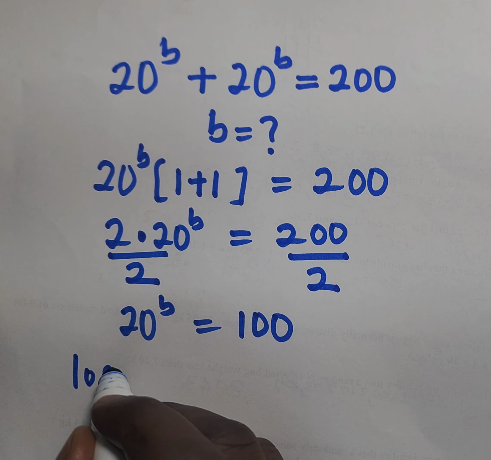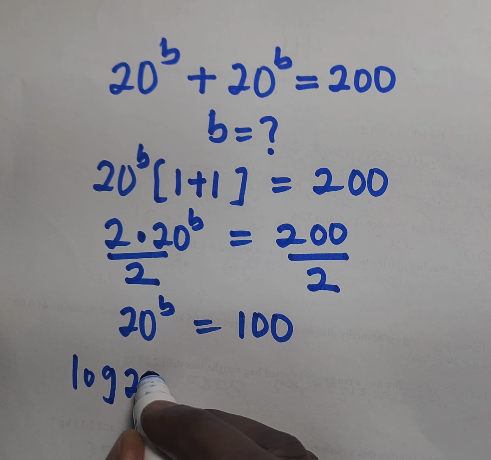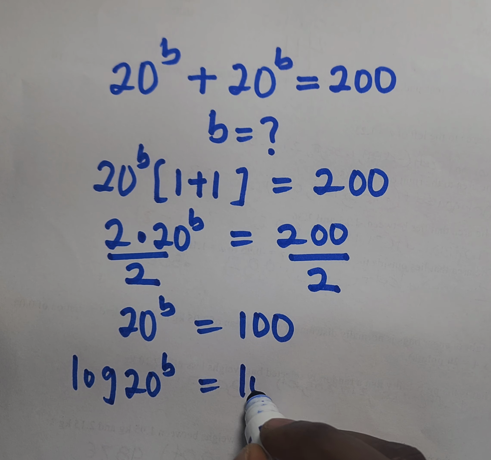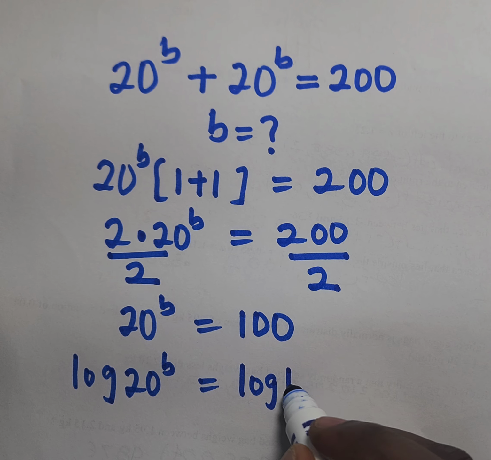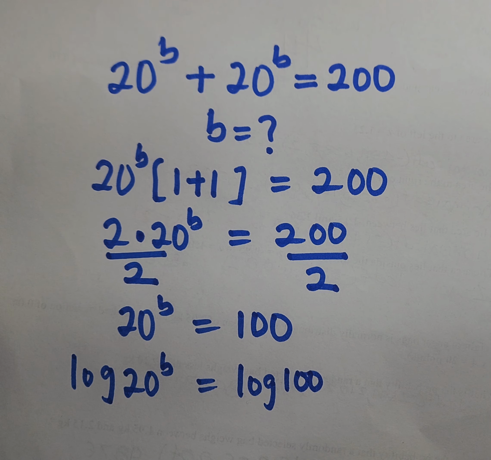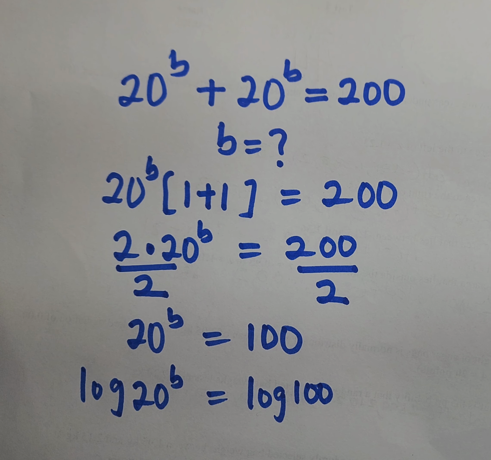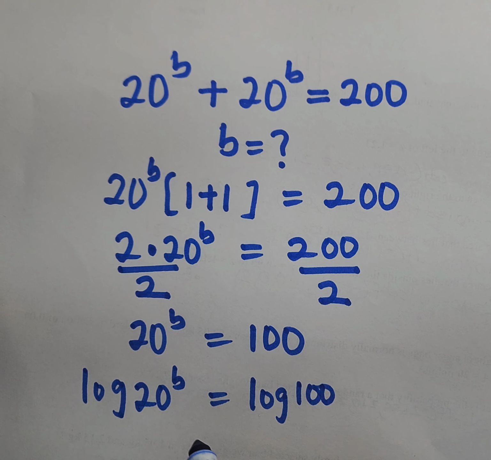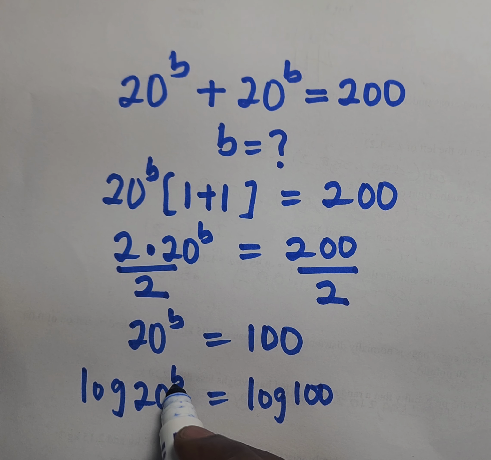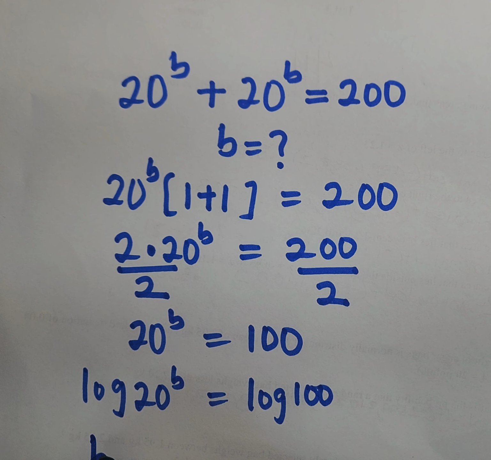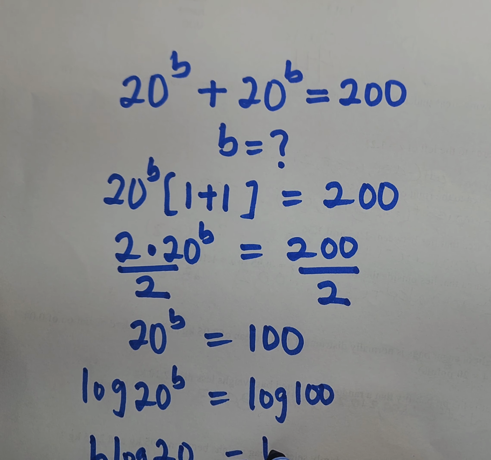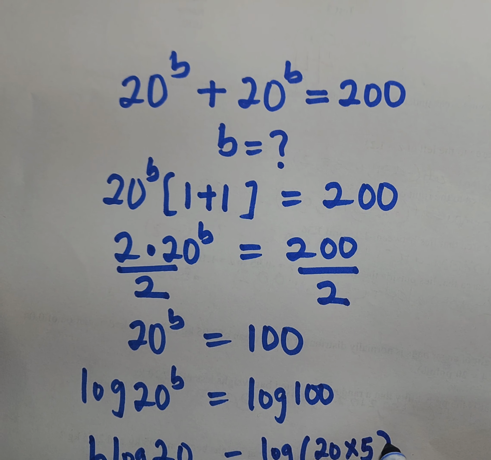So I'm going to have log 20 to the power of b equals log 100. We can say the base is 10 each. But to make it easier for us to simplify, I'm going to write this given logarithm as b log 20, which equals log 100, and 100 can be written as 20 times 5.